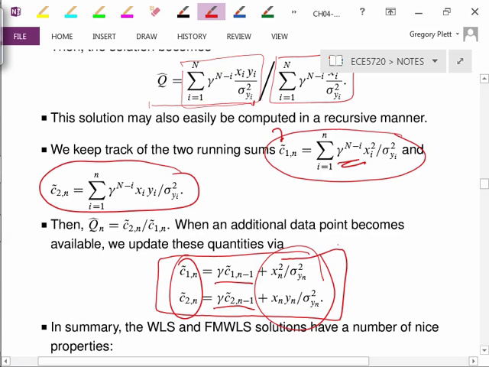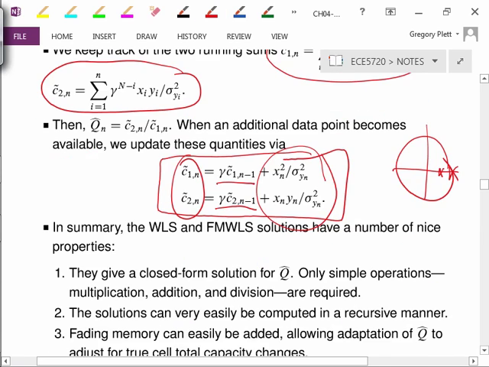So you can see that we're really doing a kind of a low-pass filter with this gamma operation, and the gamma is the pole location in the z-plane. So if I choose gamma equals 1, I've got a pure integrator which remembers everything from the past, but if gamma is a little bit less than 1, I've got a low-pass filter that is slowly forgetting the past and is putting more emphasis on the present.